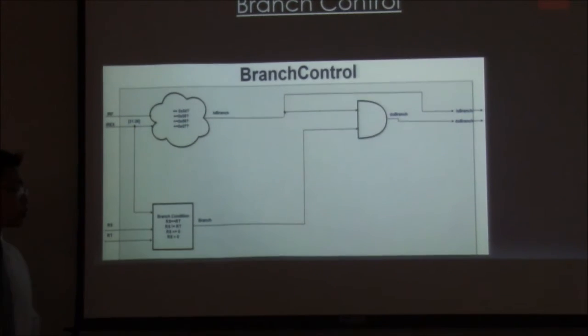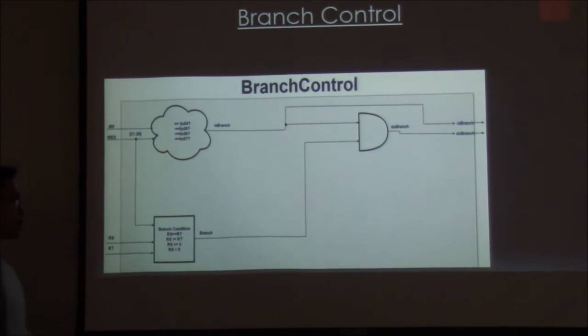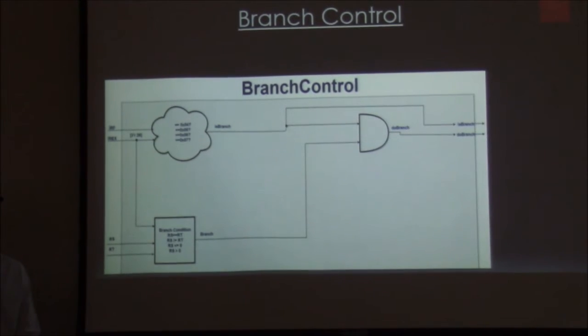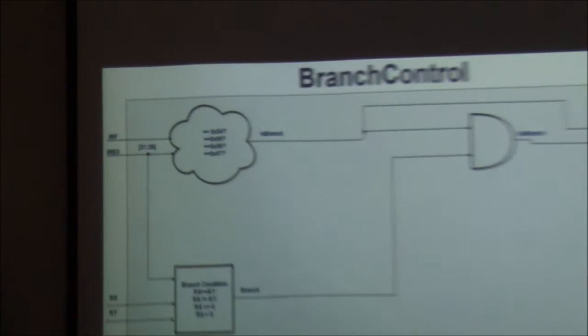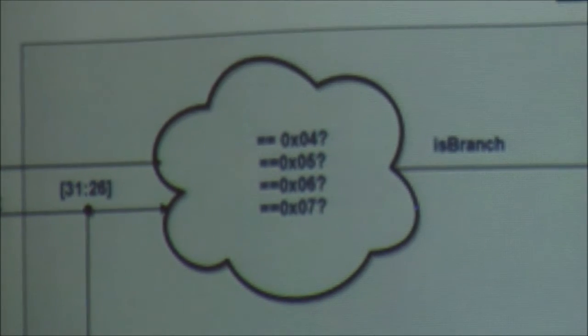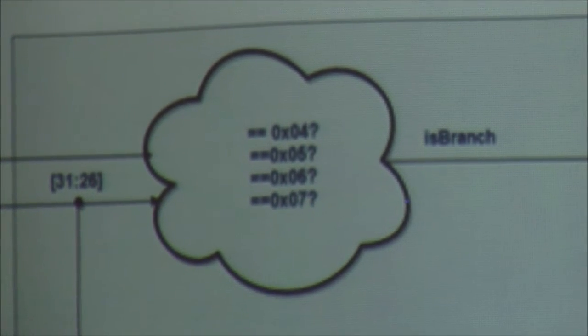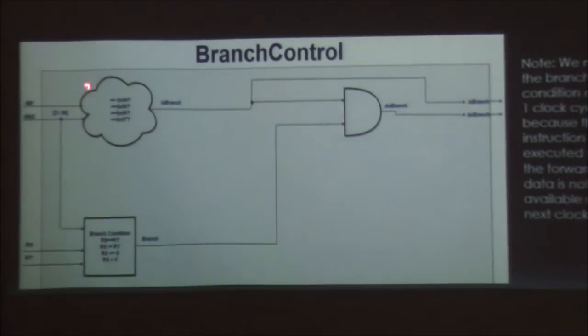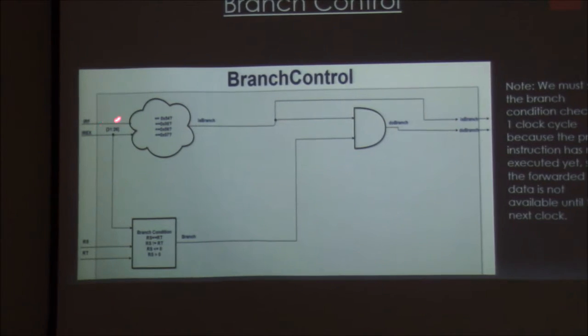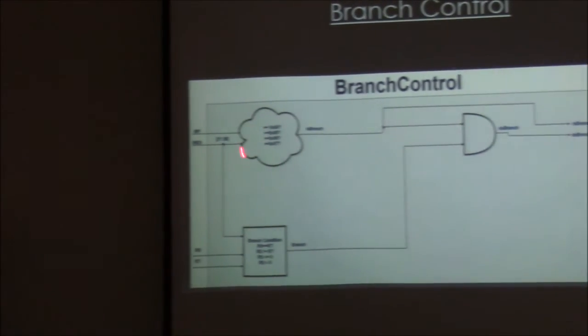For branches, we had a branch control module. Pipelining creates some difficulties with branching, so we created a module to implement our branch control. We can see here that it takes our IR and checks to see if it is one of the branch opcodes.